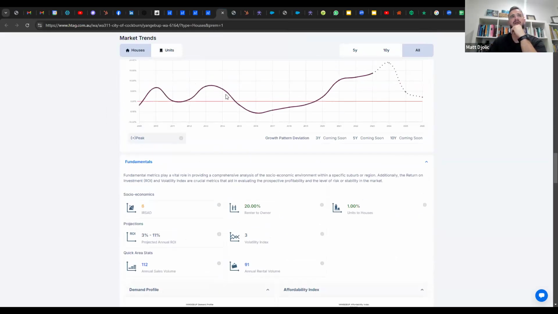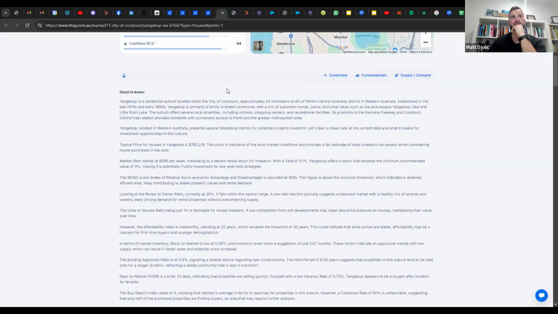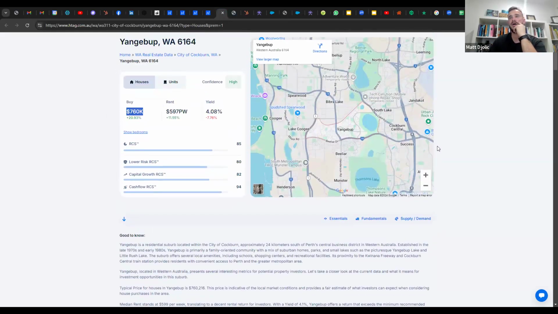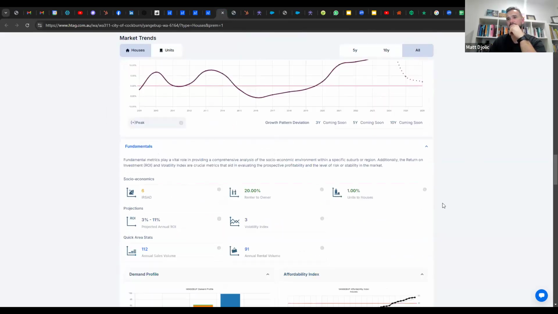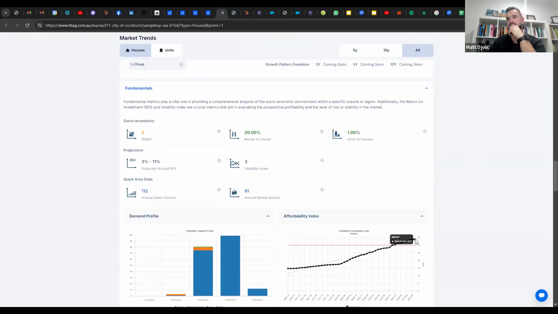This area here, which is about 100K more expensive, is sitting at about the same affordability index, or maybe a bit less, at 34, 1 year less, which means that people have more purchasing power in this area, even though the prices of homes are higher. Do you know what I mean? So this is how you start comparing and realizing what the value for the index actually means, and what you can do in one area as opposed to another.